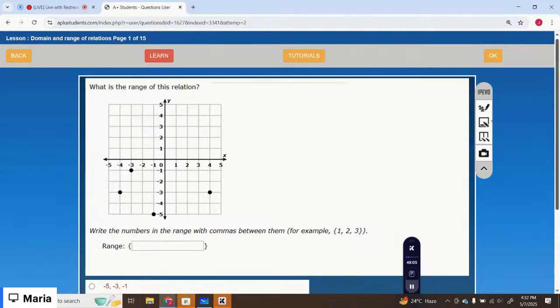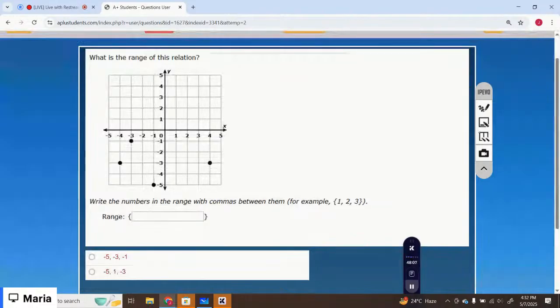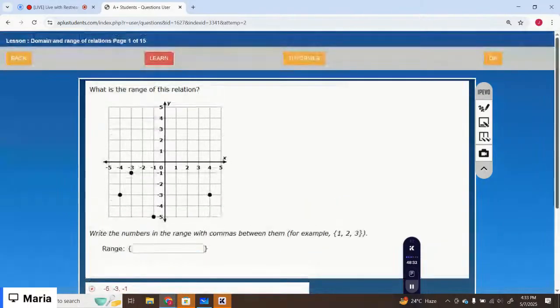What is the range of this relation? The y values are -1, -3, and -5. So they are the -1, -3, -5 option. Option number one is the correct option.